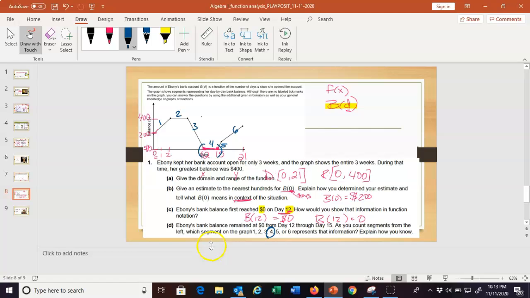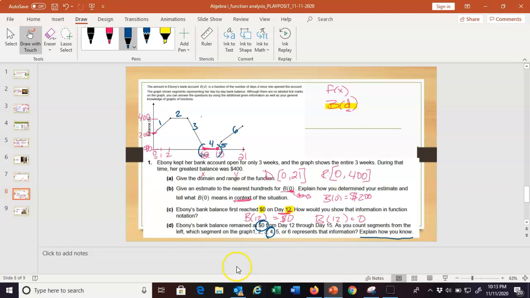And how do we know? Well, we know that that's the right segment because that's where the bank account equals 0. That segment is when y equals 0. So that's what you would say. You could say along the segment days 12 to 15, the bank account equals 0, which is what they told us. So sometimes with this explain how you know stuff, I don't want you guys to get too bogged down in that.